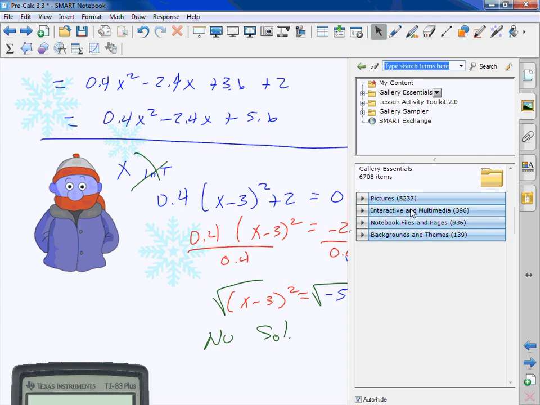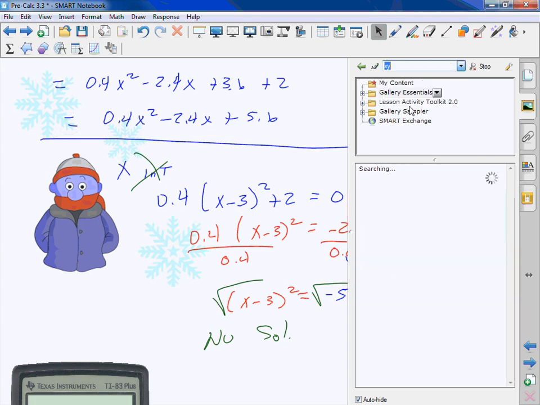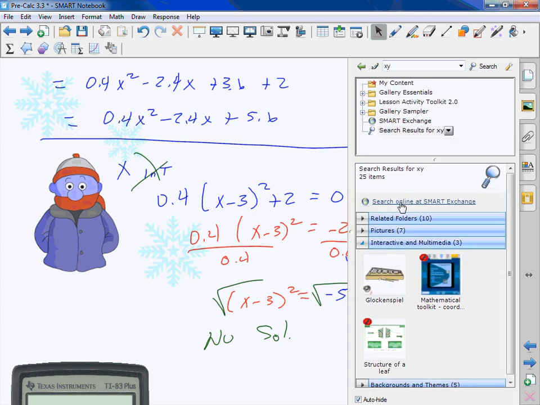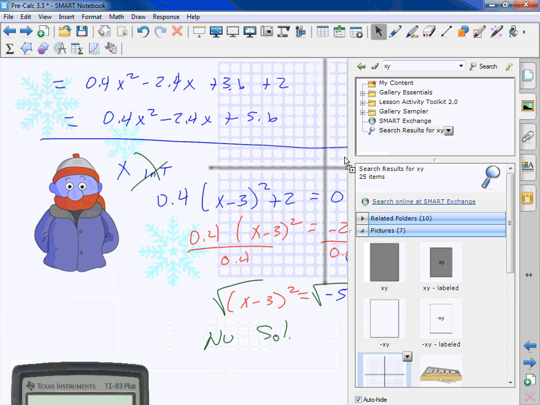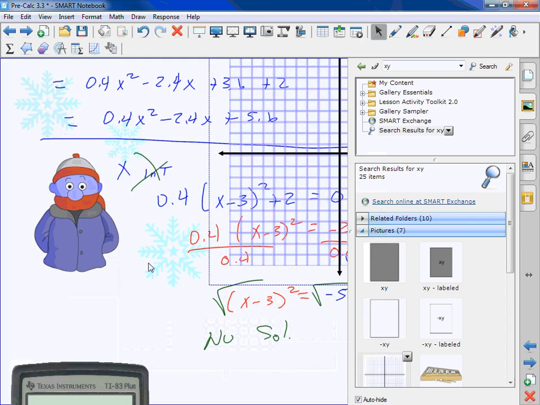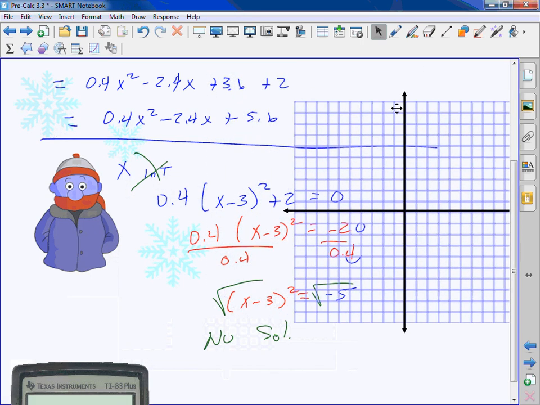It's hovering. If I have my graph here, it would be something like this. It's hovering above the x-axis or below it. So not everything can be changed into all three forms.